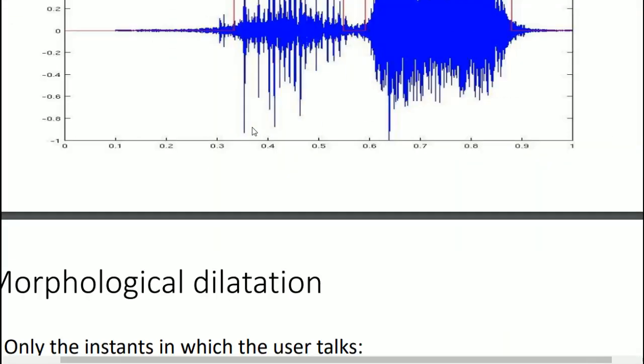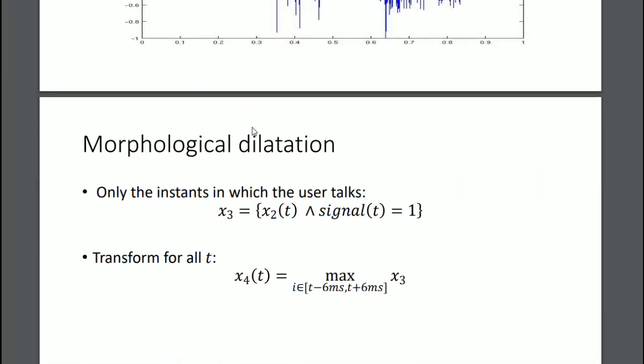So, morphological dilatation. I will explain later why we need a morphological dilatation, but first we will apply it. The first thing we do is we consider only the instances in which the user talks. So we build x3 to be the previous signal that was inverse transformed after the Fourier transform, called x2.